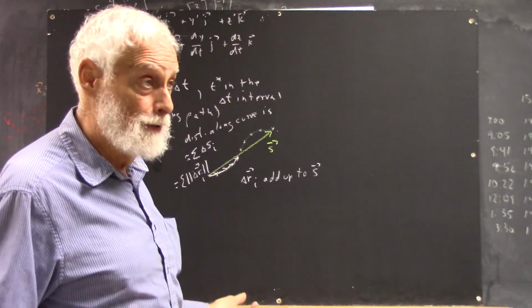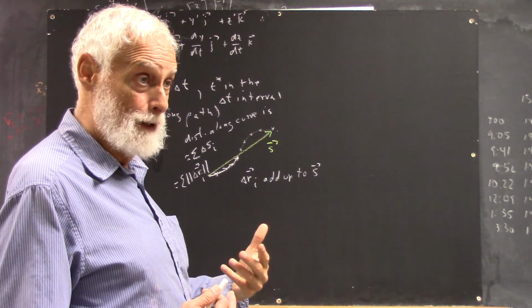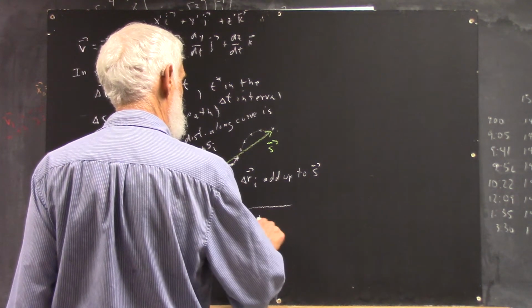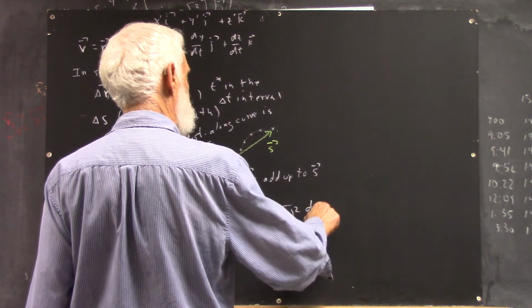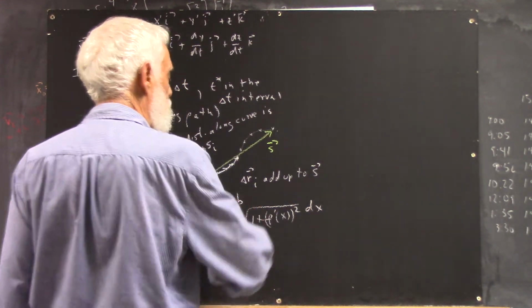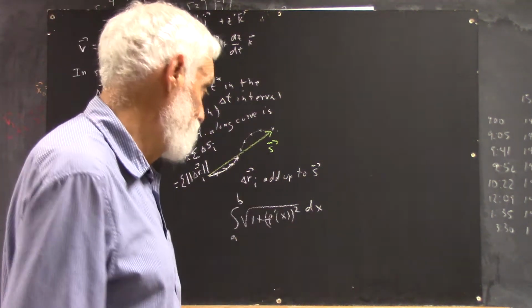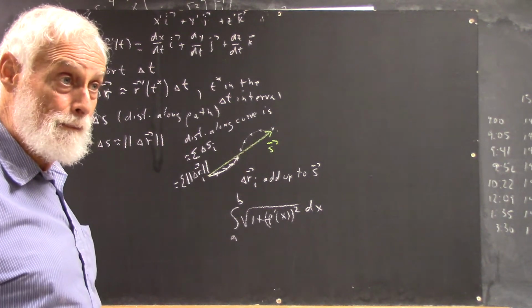Now you've done arc distances of functions of one variable. Okay? Remember, you integrate the square root of 1 plus f prime of x squared dx between a and b, and you get the arc distance between a and b. And that's just because of, you know, a simple diagram in terms of a triangle. Okay?